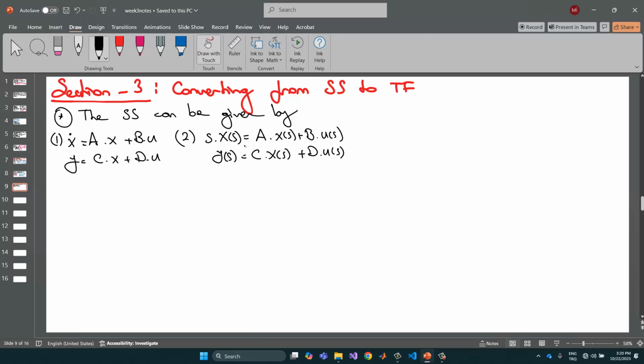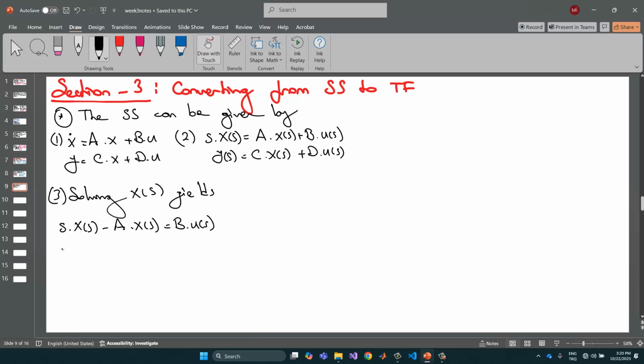So if we want to solve for X(s) in here, in the third step, solving X(s) yields what? Just take this and put it to the left hand side of these terms, okay? And so, S X(s) minus A X(s) is equal to B times U(s), right?